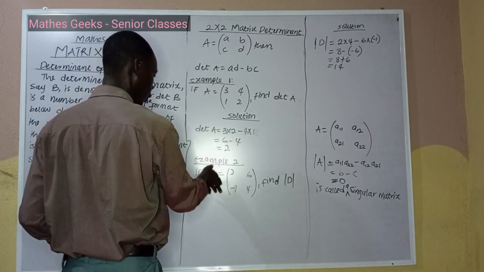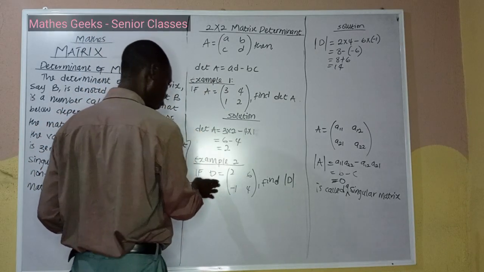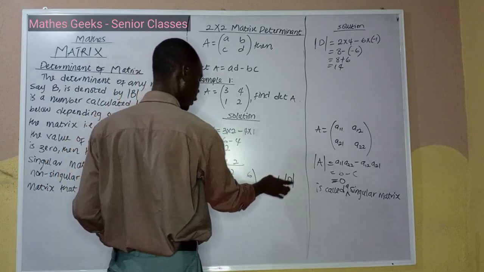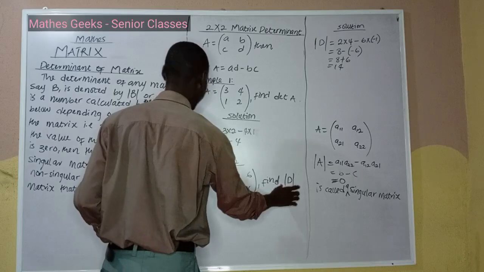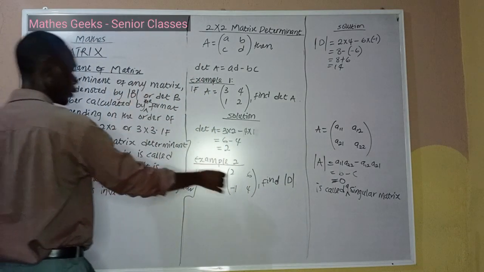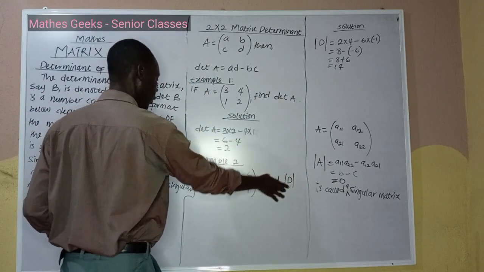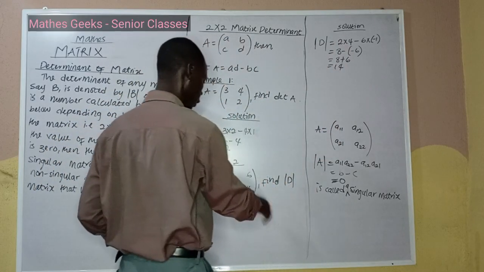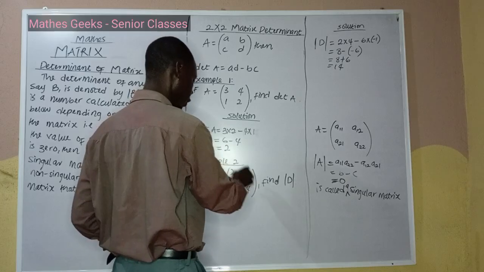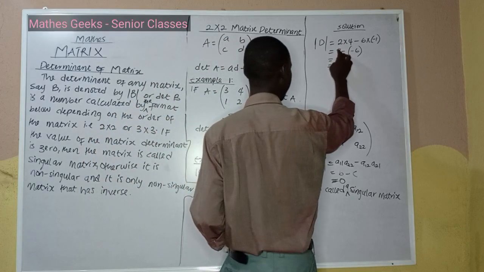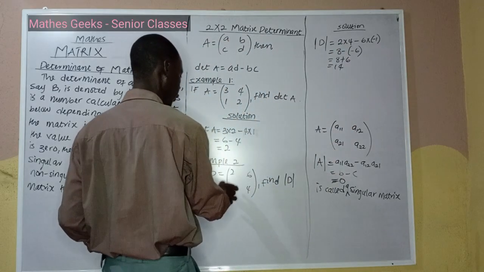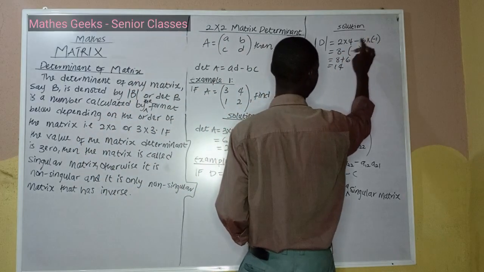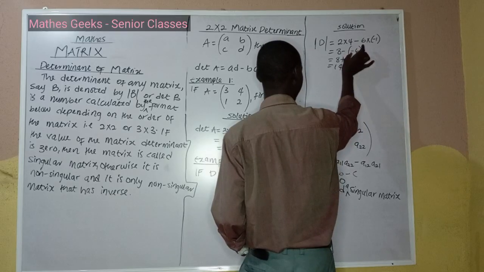Take another example, example 2. If D is the matrix 2, 6, minus 1, 4, find |D|. Like I said, this symbol means determinant. To find the determinant of matrix D, the solution: 2 times 4, we're coming this way diagonally. 2 times 4 is going to give you 8, and then 6 times minus 1, which is bc, so minus 6 included in brackets.